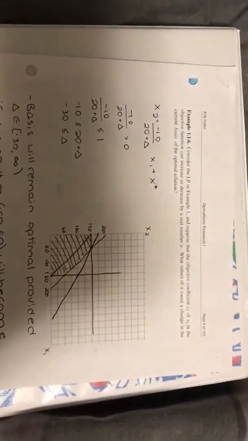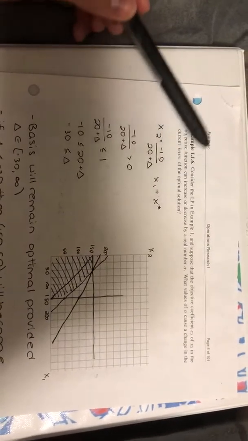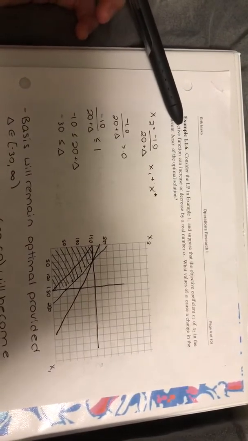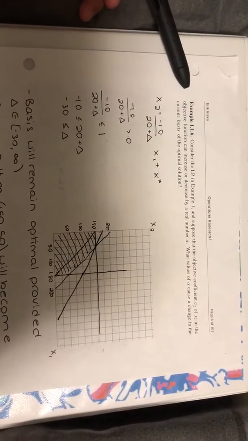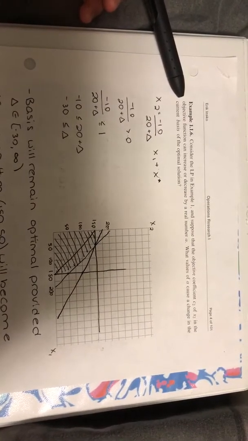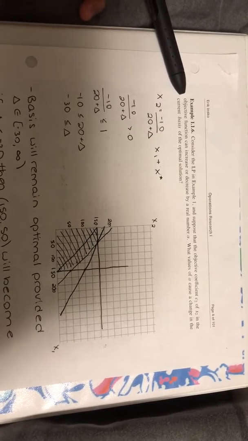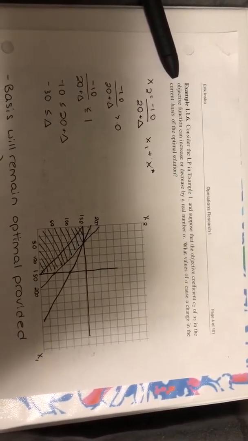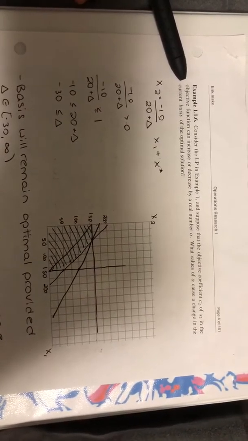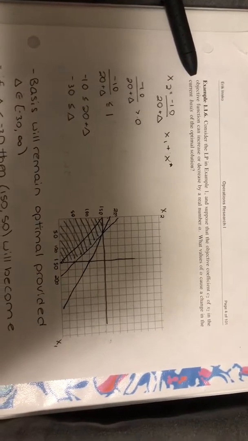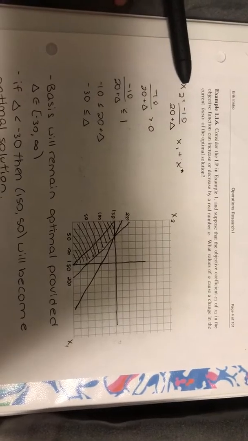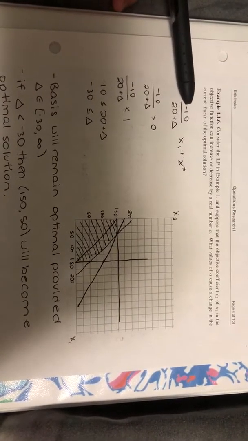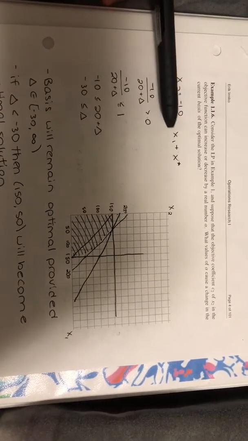Lastly, we have this last example. It reads, consider the linear program in example 1, and suppose that the objective coefficient c2 of x2 in the objective function can increase or decrease by a real number delta. What values of delta cause a change in the current basis of the optimal solution? So we have x2 equals negative 10 over 20 plus delta.